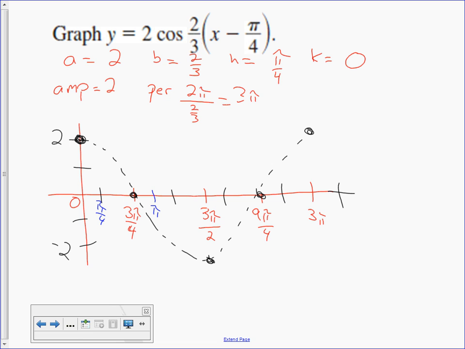Well, remember, this is the same thing as 6 pi over 4. You get 7 pi over 4. This becomes 10 pi over 4. This was 12 pi over 4, so it's 13 pi over 4. And then you're right, this would be 5 pi over 2.